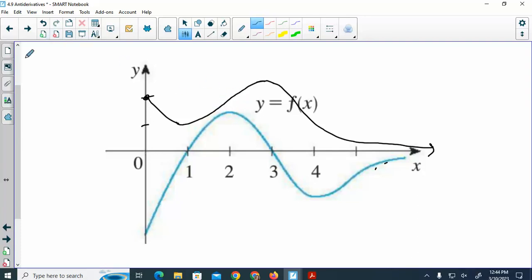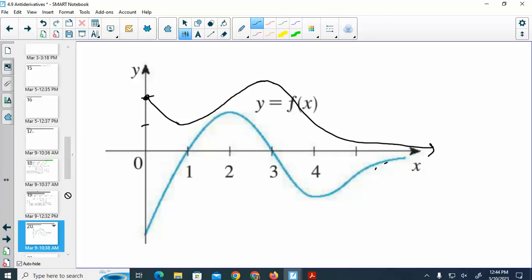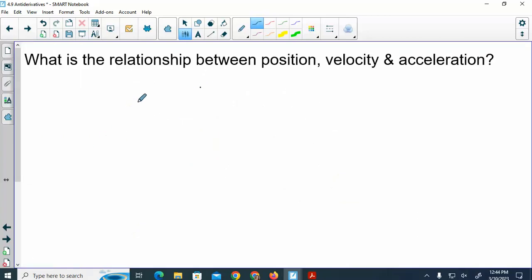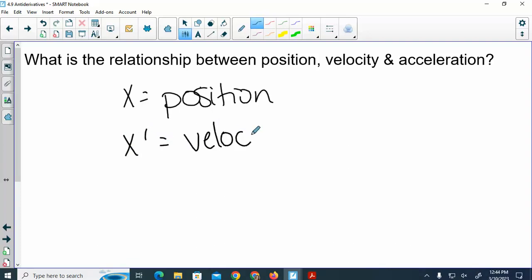Now let's talk about a refresher. We know that position, velocity, acceleration are related. Okay, if x is my position function, how do I get velocity? How do we get acceleration?